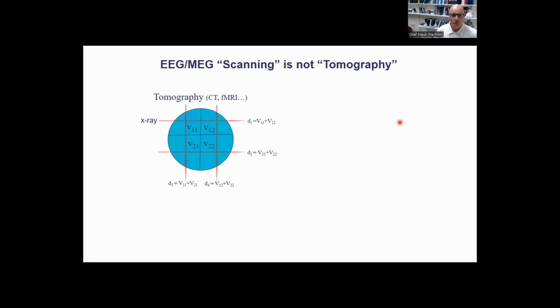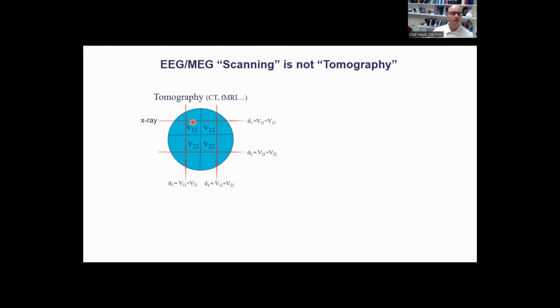And I would like to clarify that I actually don't think EEG and MEG are really scanning, or really tomography, at least not in the sense that we use it when we are scanning with X-rays or with computer tomography. The way I see it, with an old-fashioned computer tomography scanner, you have a choice where you send your X-rays through your body, and it depends on how many rays you send through the body how many voxels you can then distinguish.